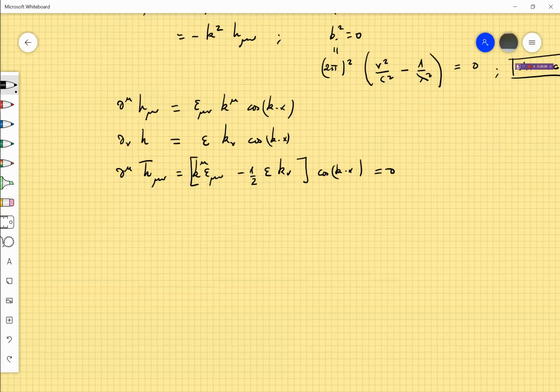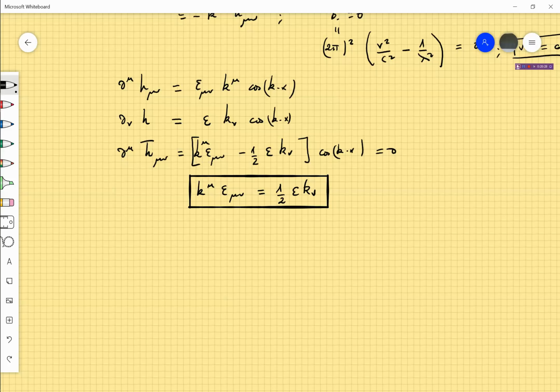The implication is that the polarization tensor has to satisfy this condition. So this is due to our choice of gauge. This constrains the possible polarizations.